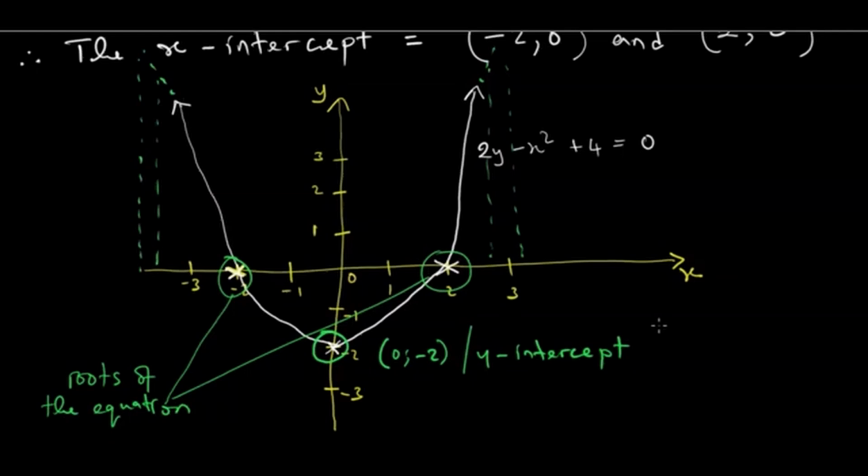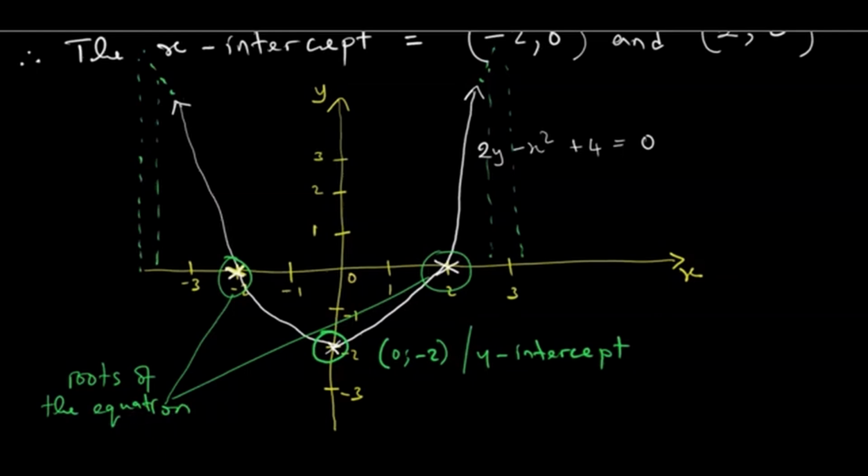But when it comes to the value of the range, we explained in our first question that the value of the range is associated with the y-axis and the value of the domain is associated with the x-axis.